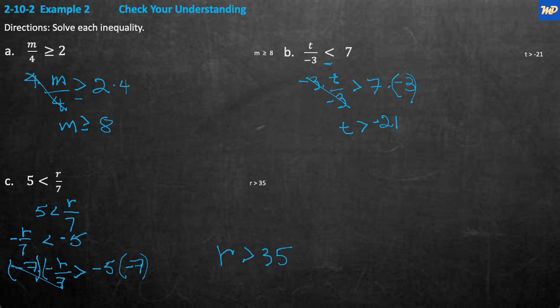Like this one over here, we have the t, excuse me, on the left-hand side. T is greater than negative 21. It sounds good. It feels good, and it's also here. M is greater than or equal to 8. It's easier to understand with the variable, I think anyway, on the left-hand side. Okay? Good.